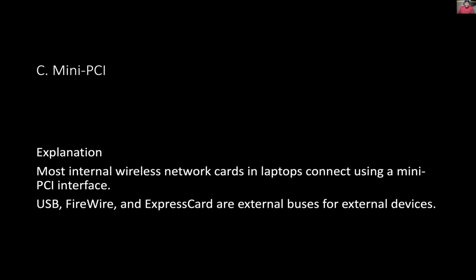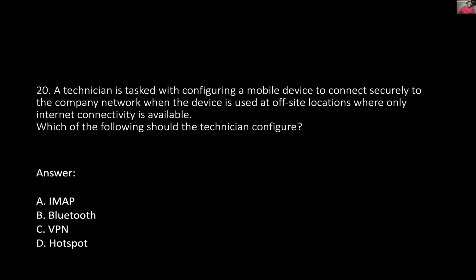So next question, question 20. A technician is tasked with configuring a mobile device to connect securely to the company's network when the device is used at off-site locations where only internet connectivity is available.